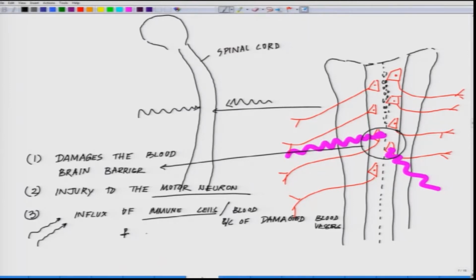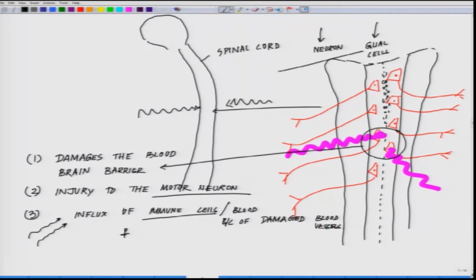And one more thing, there are some very dormant cells. If you remember when I talked about the classification, I told you that on one hand you have neurons in the nervous system, and you have a set of glial cells in the system.